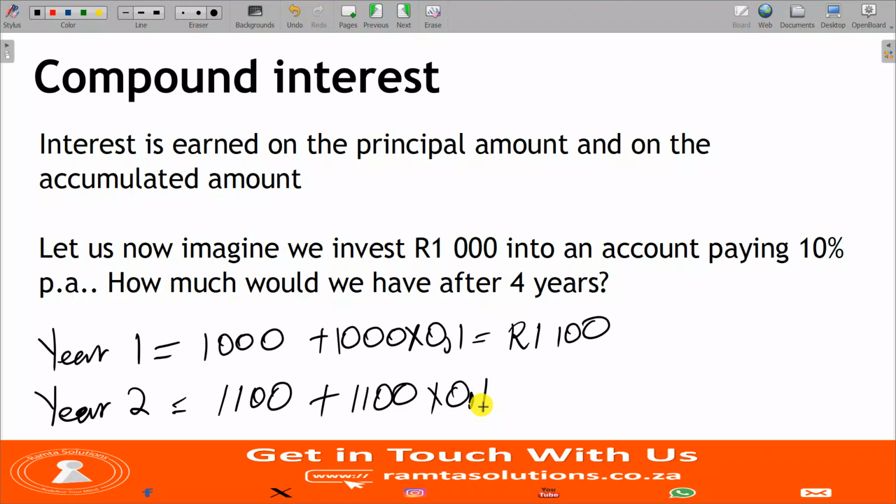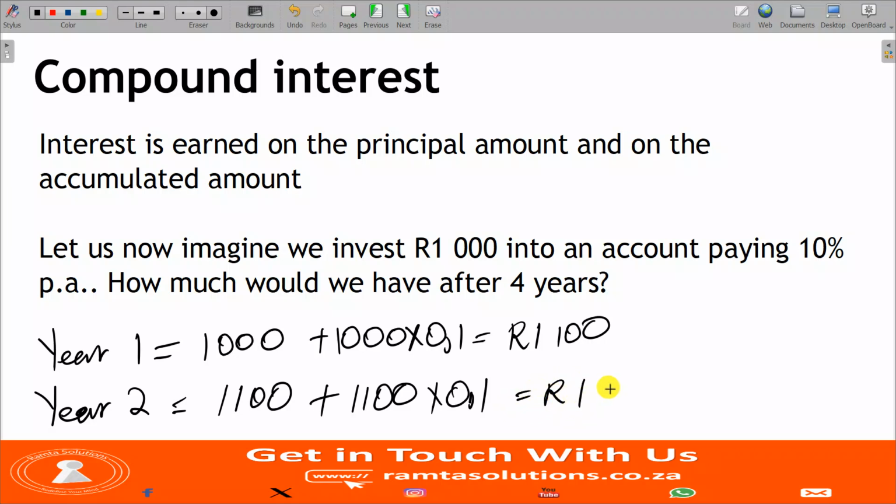1,100 times 0.1, what is this? This is 110. So it is 1,210.